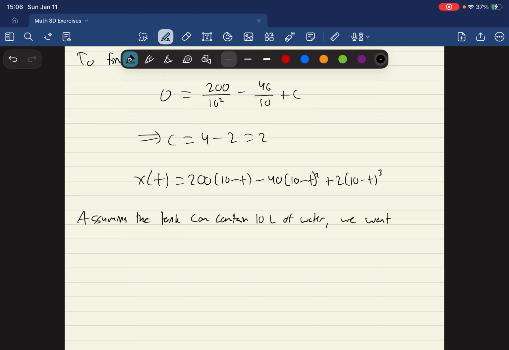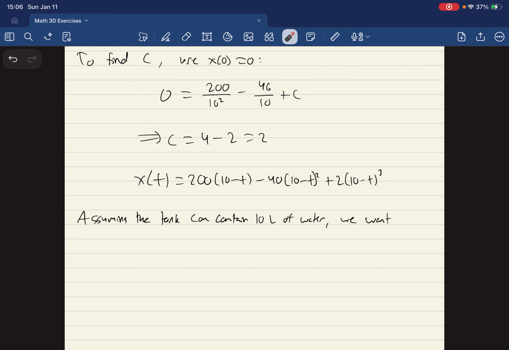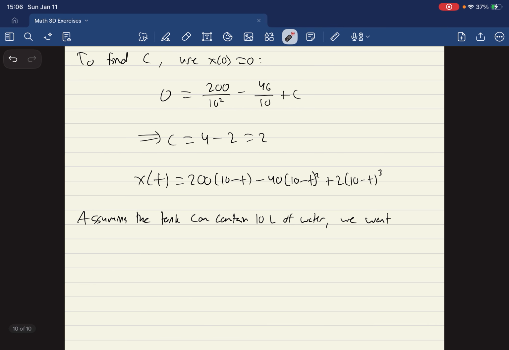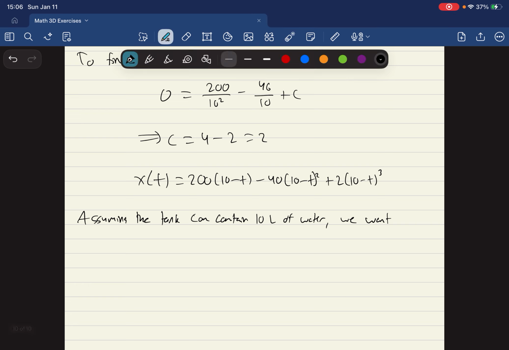We want to know how much of the toxic substance there is at the time when the tank is exactly half. Okay, we want x of t0, where t0 is the time where the volume of the tank is halved.